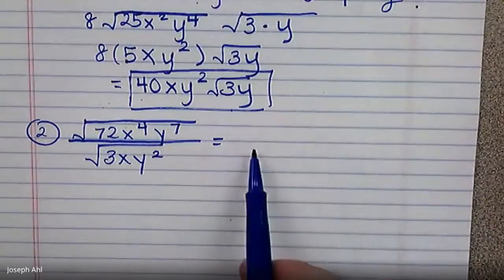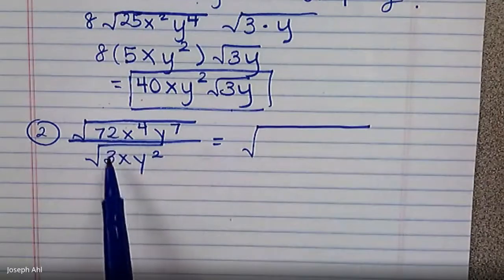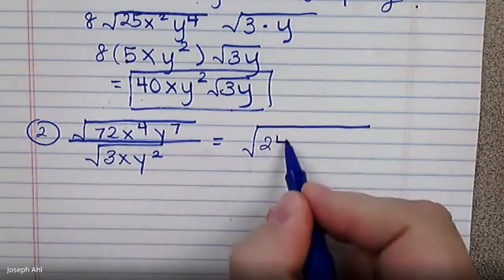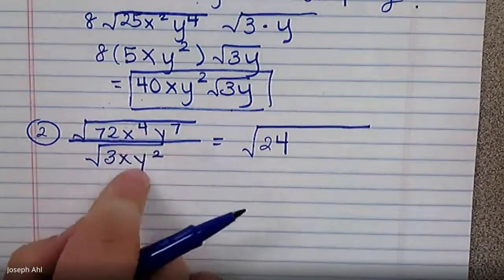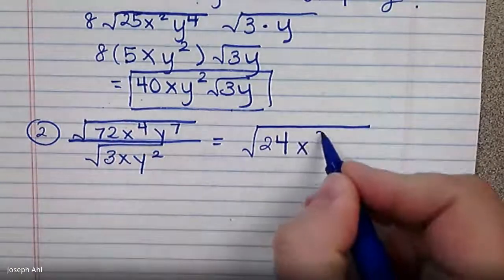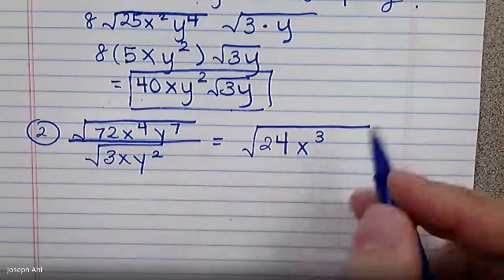So this is going to get sucked into one big radical, and you can just divide the terms accordingly. 72 divided by 3 is 24. X to the 4th divided by x: when you divide, you subtract those exponents, so now we have x cubed. And then y to the 7th over y squared is y to the 5th.